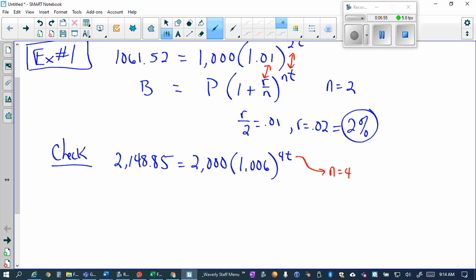But we do know that R over N equals 0.006, and we know what N is. So R over 4 equals 0.006. So what does R equal? Yeah, 0.024, which is 2.4%. You get the idea? Those are kind of simple. You might stare at it for a while and just say, yeah, it's 0.6% quarterly.